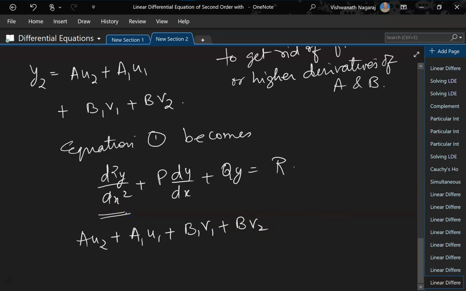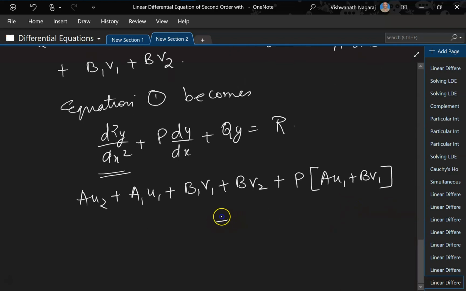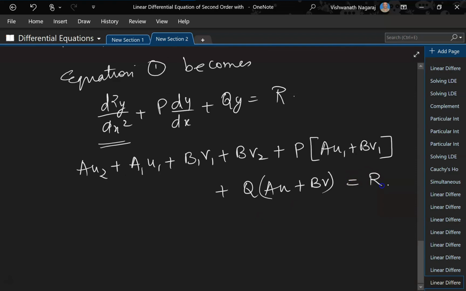Then we have plus p times au1 plus bv1, this is our first derivative, and then q times y, and y is au plus bv, is equal to r.